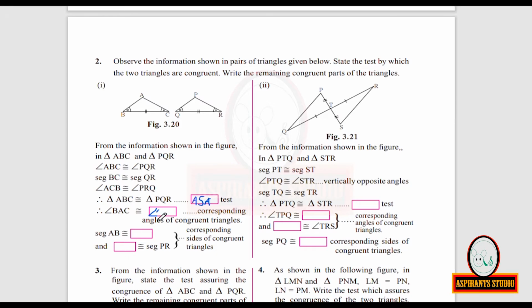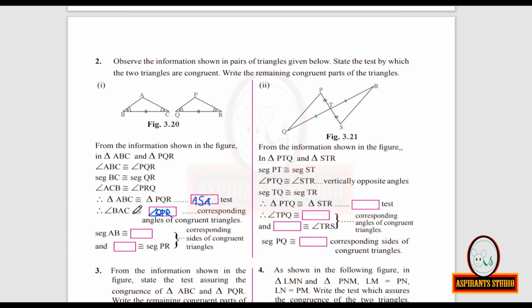So write angle QPR. Now segment BC is congruent to segment QR is given in the figure.